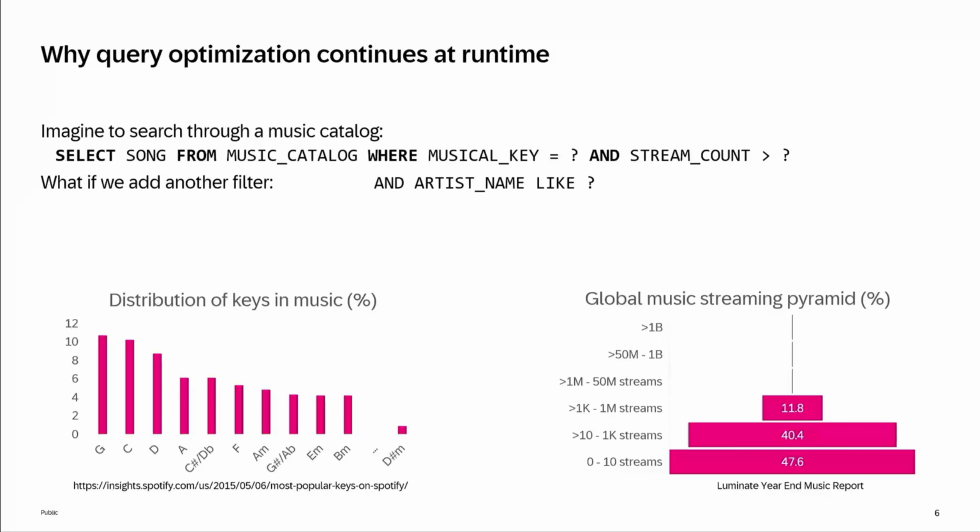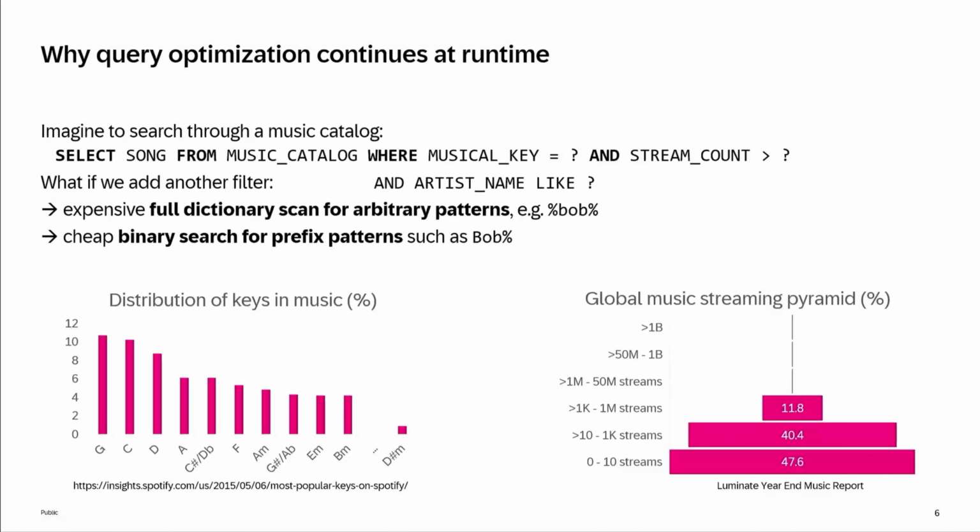But what if we now add another filter, for instance, on the artist name being like something? Then depending on the actual pattern that the user uses here, we have either an expensive full dictionary scan for an arbitrary pattern with wildcards in front and in the end, maybe even in the middle. And if it's just a prefix pattern, we can also do a binary search here.